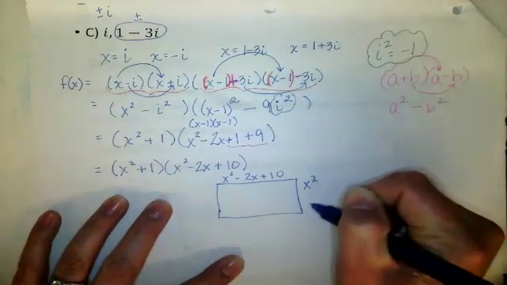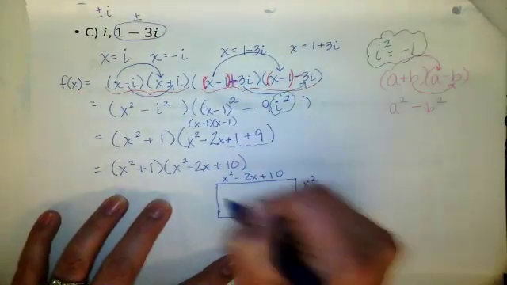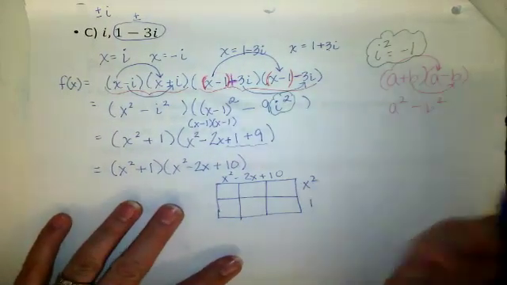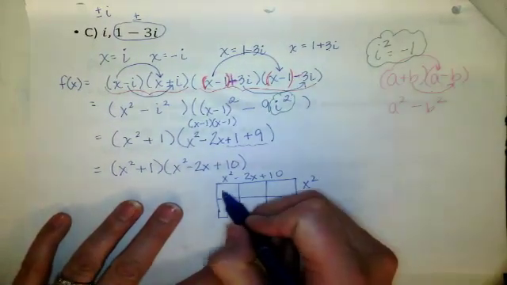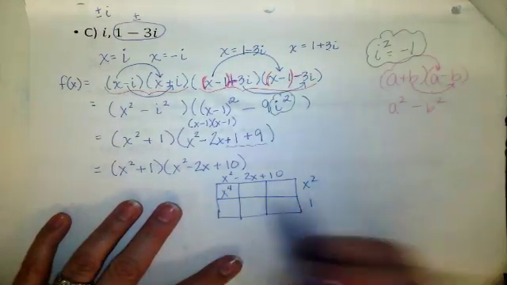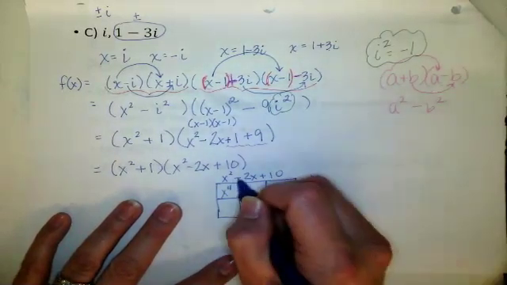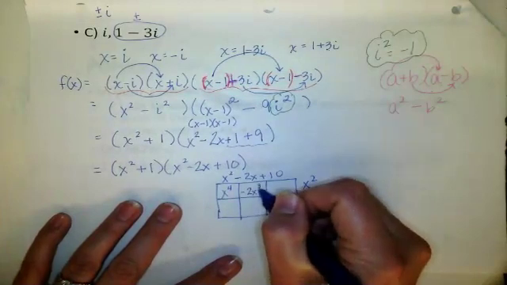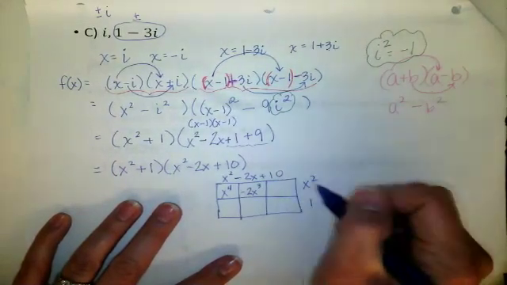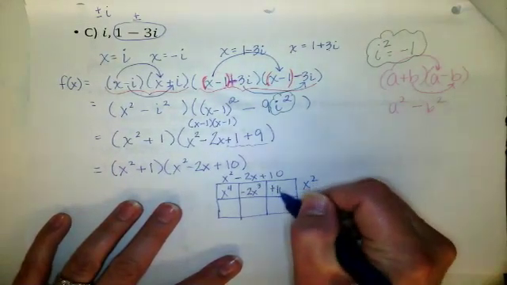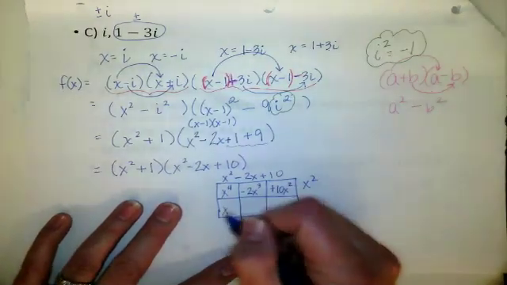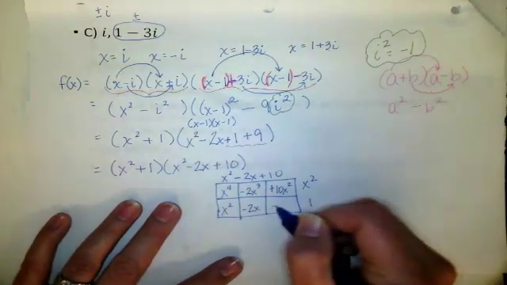X squared plus 1 times x squared minus 2x plus 10. X squared times x squared is x to the fourth. Negative 2x times x squared. And then 10 times x squared is 10x squared. And then all this times 1 is just x squared minus 2x plus 10 again.